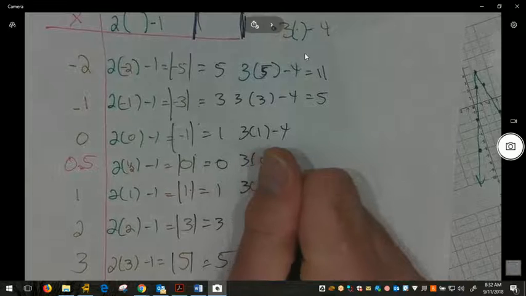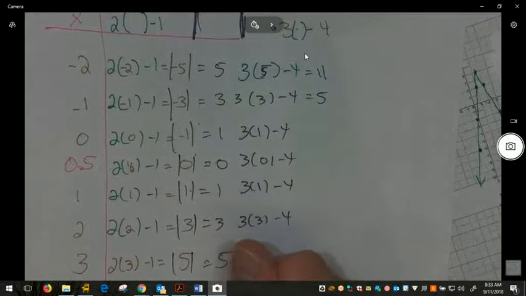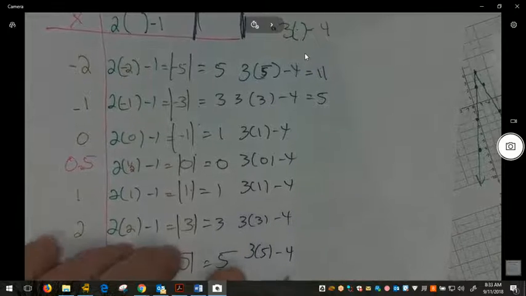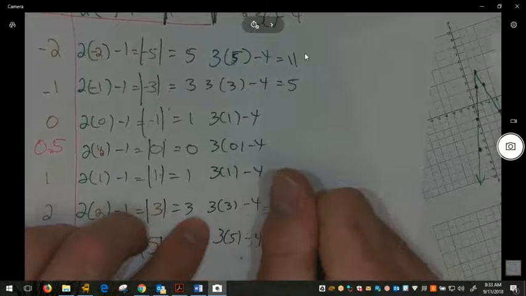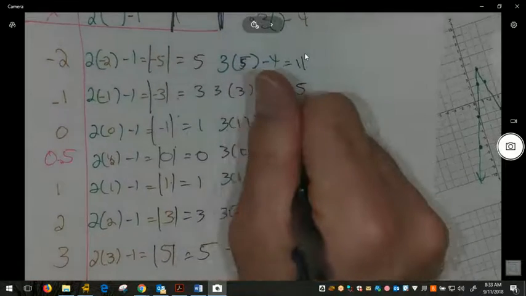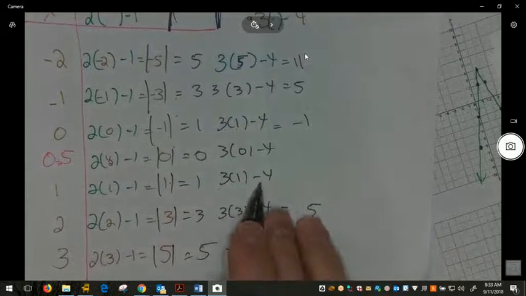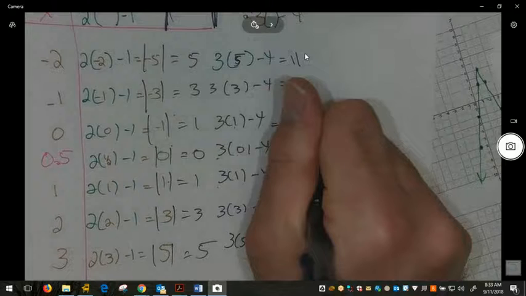Look, we've got the same numbers down here. This one is 11. This one is 5. 3 times 1 is 3, minus 4 is -1. 3 times 1 is 3, minus 4 is -1. 0 minus 4 is -4.